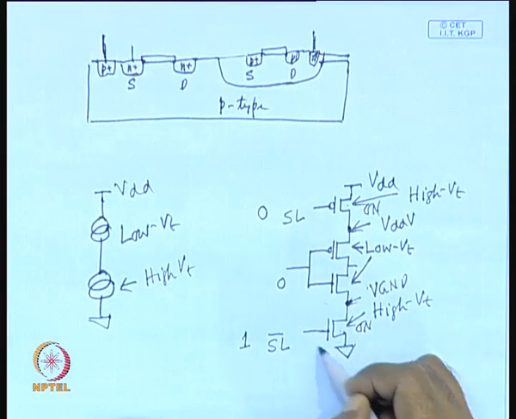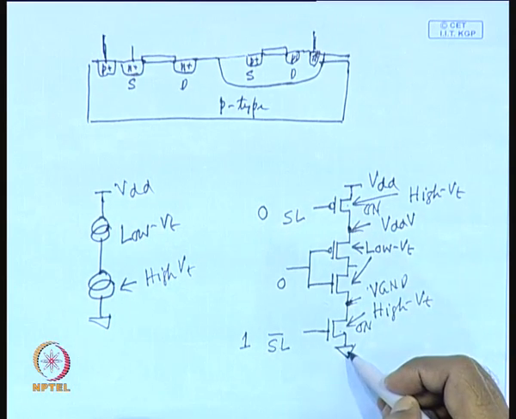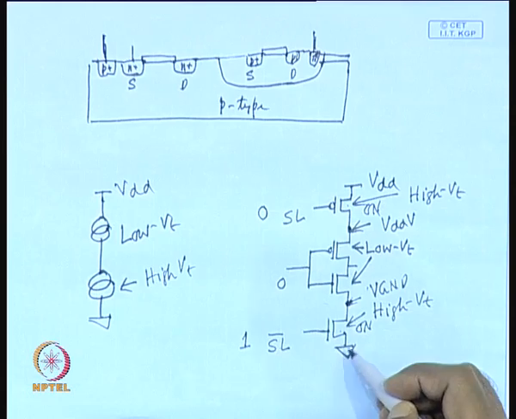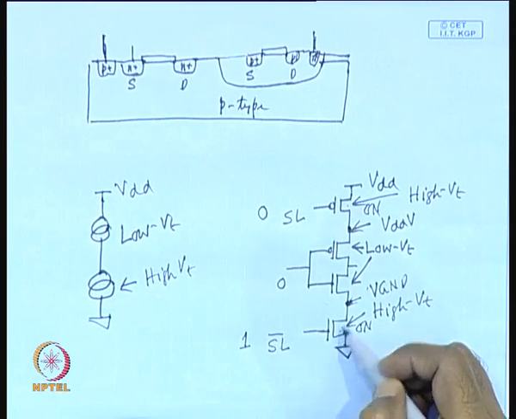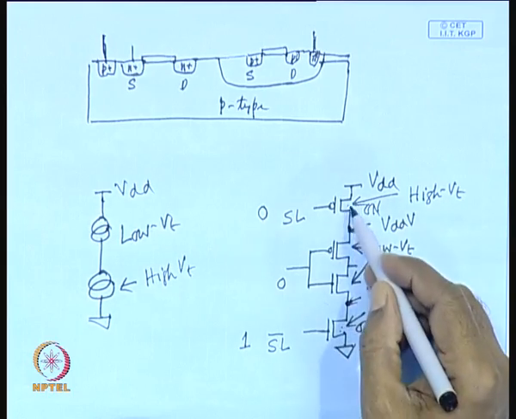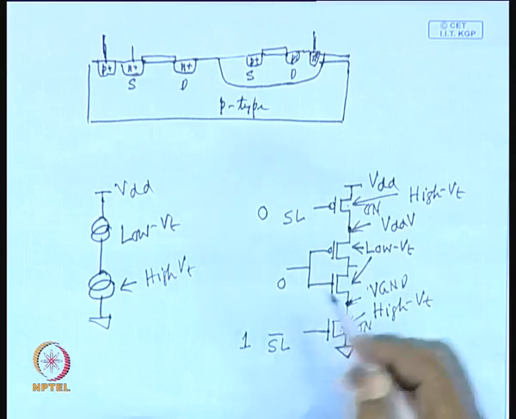As the high VT transistors are having lower leakage current, a smaller leakage current will flow when the circuit is in the standby mode. That means, in the standby mode you are making the high VT transistors off, leading to smaller leakage current flowing through this part of the circuit. So, this is the basic idea behind this MTCMOS.